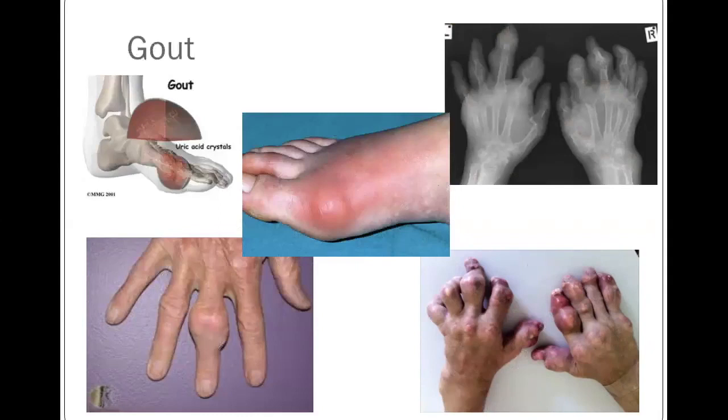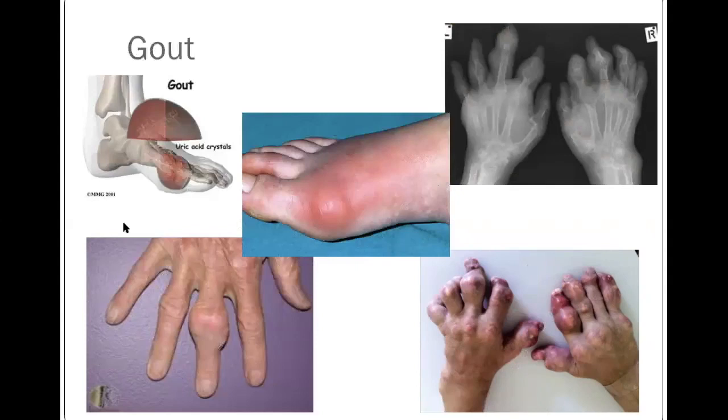So when we're consuming a really high diet of these types of foods, or it's actually found in alcohol as well, and beer is one of the leading causes of gout. So consuming a lot of beer starts to increase our uric acid within our system. It starts to build up within these joint cavities, and it creates a lot of inflammation in that area with the uric acid crystals built up as well.